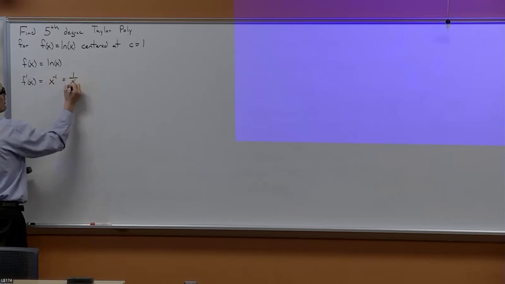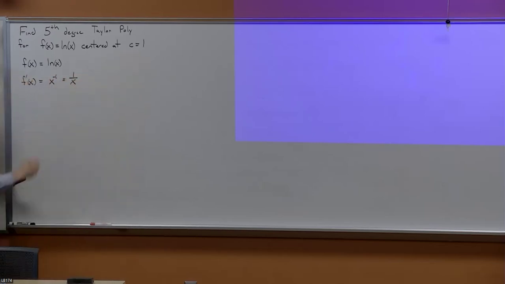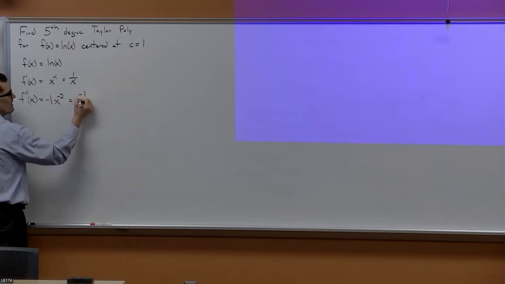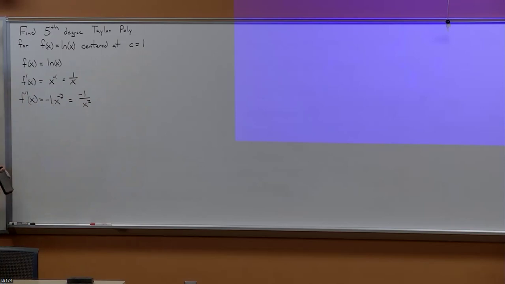And then when I plug in 1, I'll plug it into 1 over x. Hopefully that's not too much of a stretch. When I take my second derivative, -1 is going to come out front. I'm going to lower my exponent by 1. So that's -1 times x to the -2. If I write that as a fraction, that's -1 over x squared.